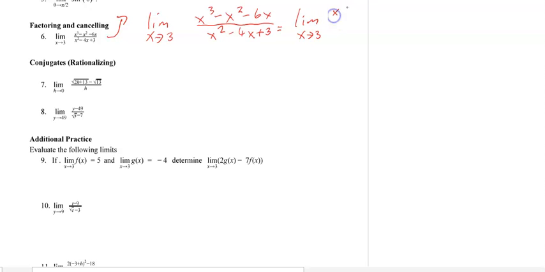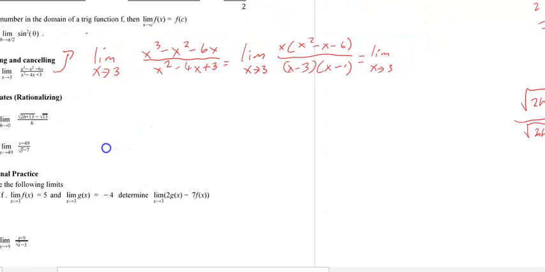If we factor out an x at the top, we have x squared minus x minus 6. We can try to factor the bottom as well, we'll have x minus 3, x minus 1. We can continue trying to factor this limit expression until we have something that we'll likely be able to cancel.